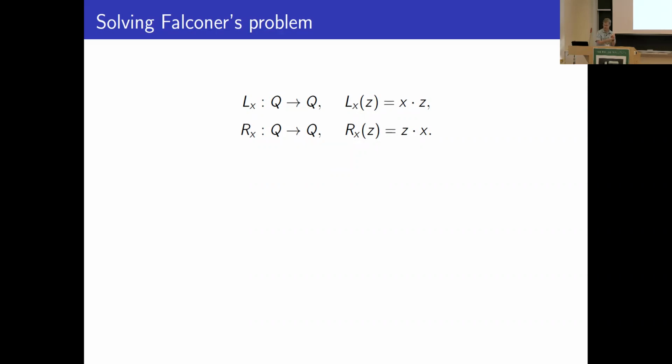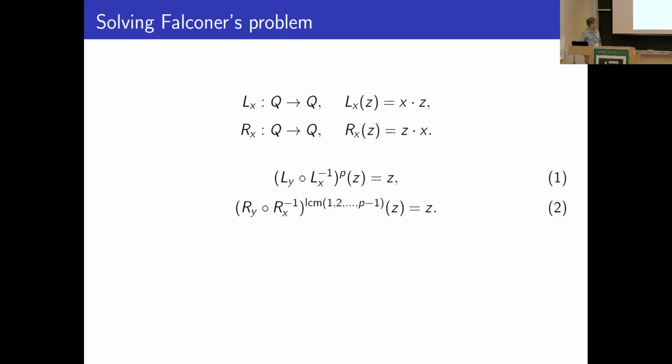That's a permutation of the quasigroup. And then if you take the composition of Ly with Lx inverse, that is exactly the permutation which is mapping row X to row Y, or vice versa. I never remember which, but it doesn't matter because they have the same cycle structure.